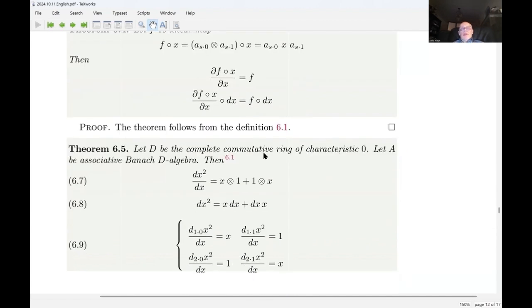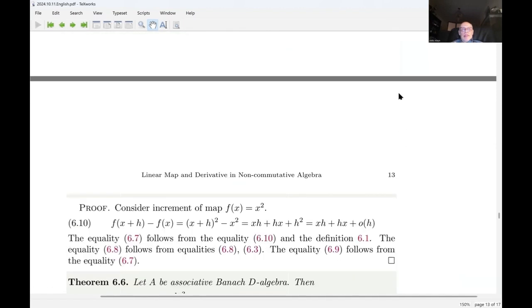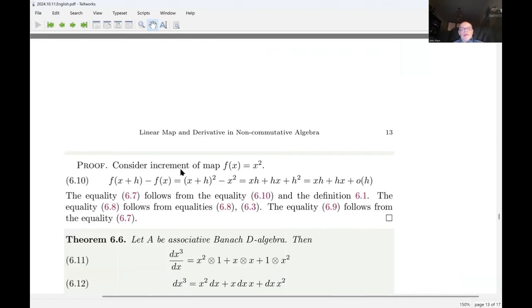Let D be a complete commutative ring of characteristic 0, and A be an associative Banach algebra. Then the derivative of x squared is defined by equality 6.7. It is very easy to prove this theorem.